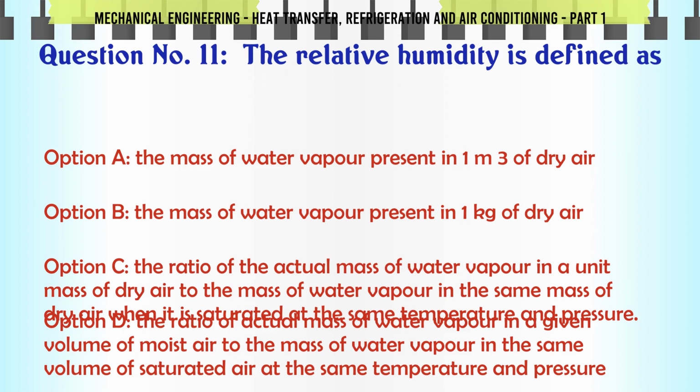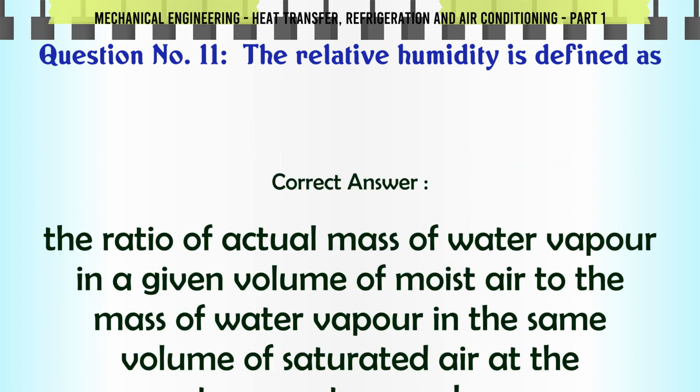D. The ratio of actual mass of water vapor in a given volume of moist air to the mass of water vapor in the same volume of saturated air at the same temperature and pressure. The correct answer is D, the ratio of actual mass of water vapor in a given volume of moist air to the mass of water vapor in the same volume of saturated air at the same temperature and pressure.